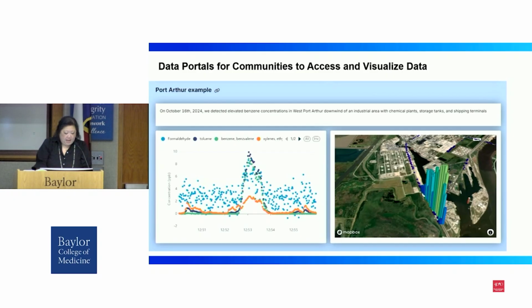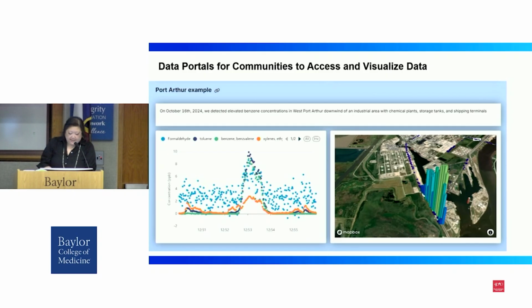But what we need to do is synthesize millions of different data points and make them understandable. And so we've worked with our communities, and we're trying to create data portals for them to be able to make this data accessible, visualize it, and to be able to better digest and communicate that.